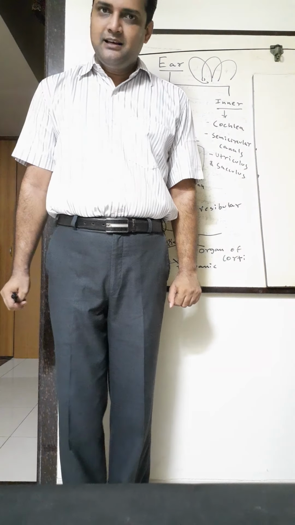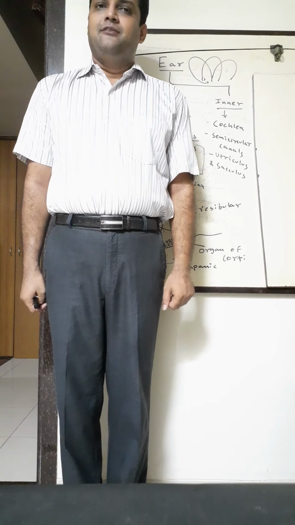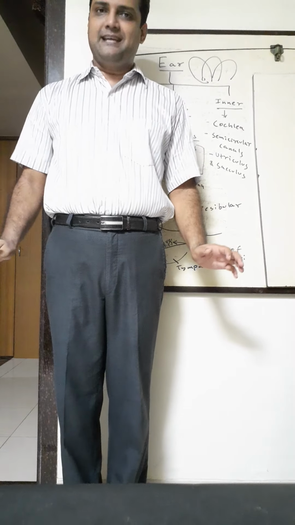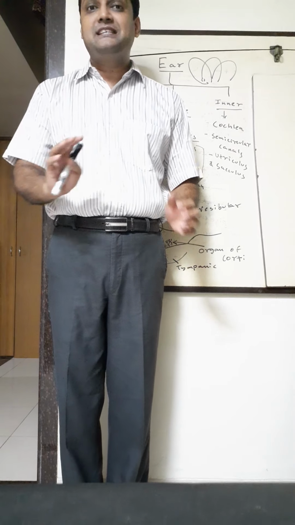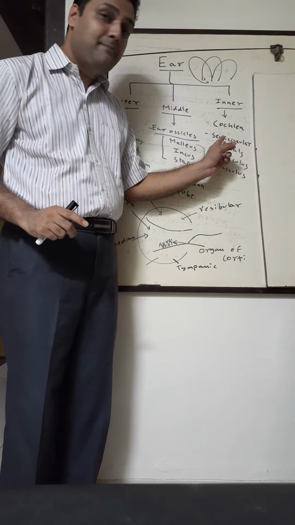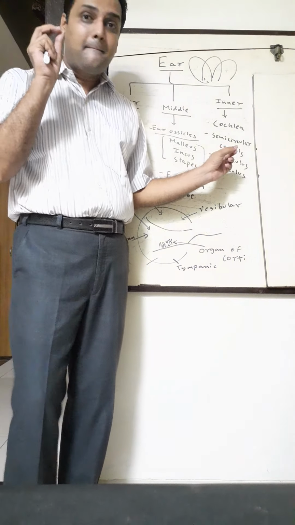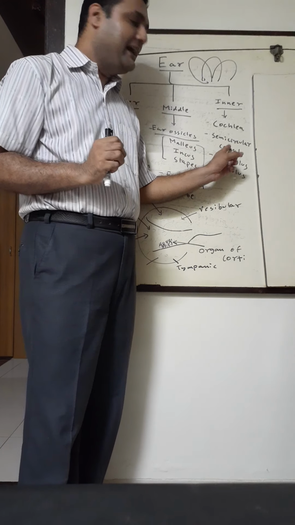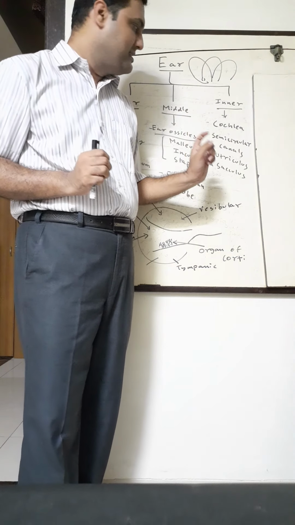I'm standing, there is no movement. When I'm standing and there is no loss of balance, this is static balance. So remember children, semicircular canals give you balance when the person moves from one place to another. That is dynamic balance.